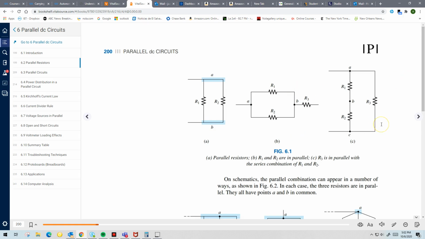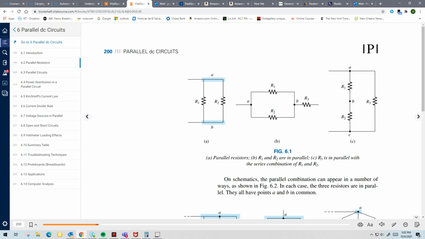And you can see the difference now. In C, you can start seeing the different ways of connecting circuits. If you look at R1 and R2, they are obviously connected in series, and as you can see, they're only sharing one node. B is the only common node between R1 and R2. So R1 and R2, by what we already know, are connected in series.